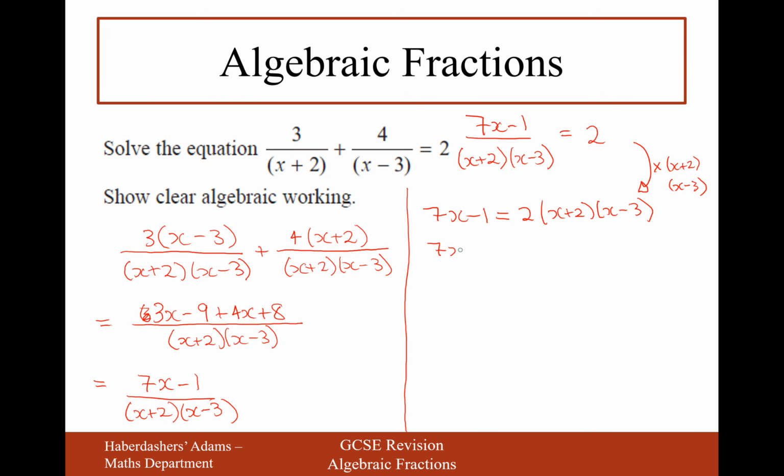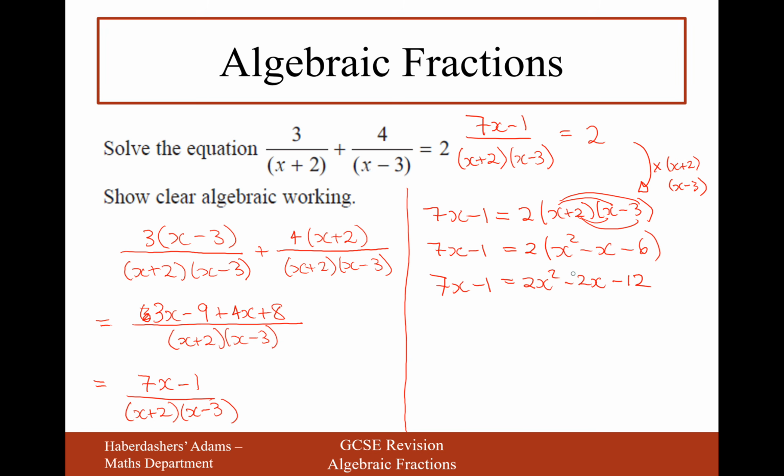On the right-hand side, I'm going to leave the 2 at the front and multiply out the brackets. That's going to give me x squared minus x minus 6. And then I'll expand with the 2 afterwards, so that'll make it 2x squared minus 2x minus 12.